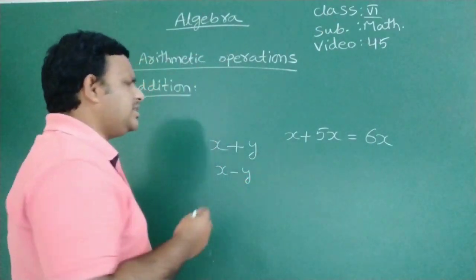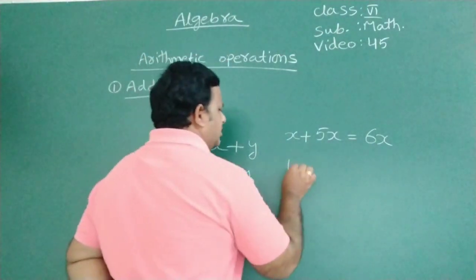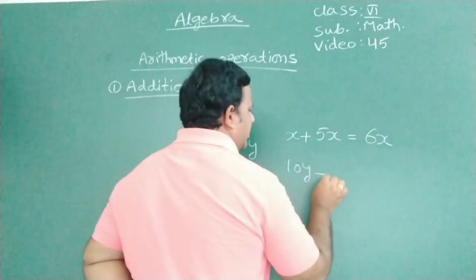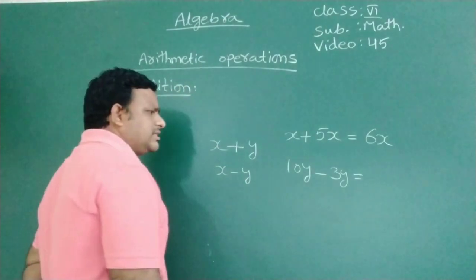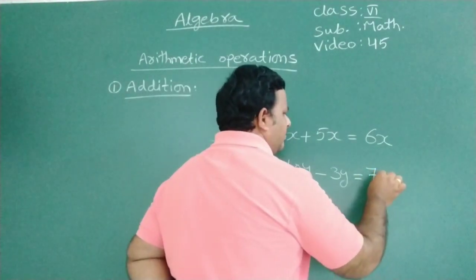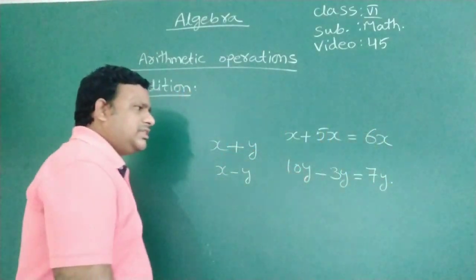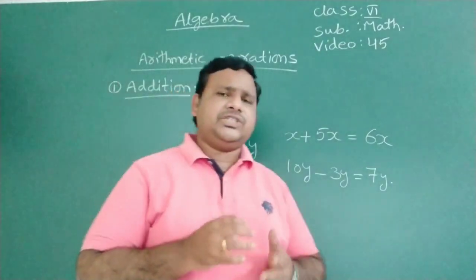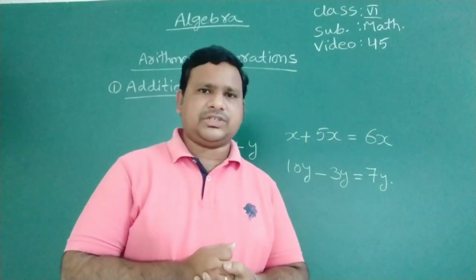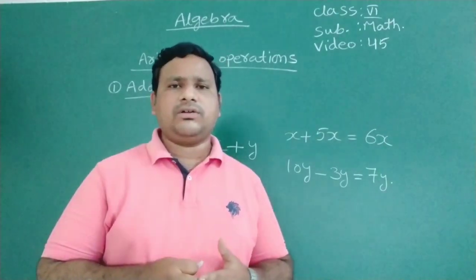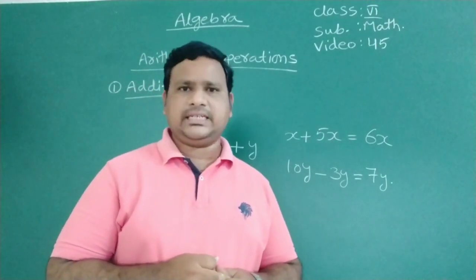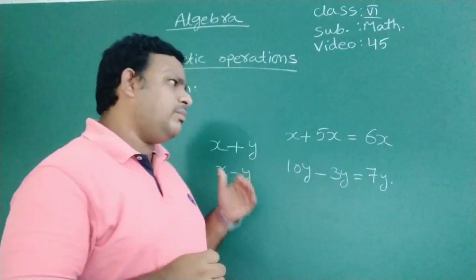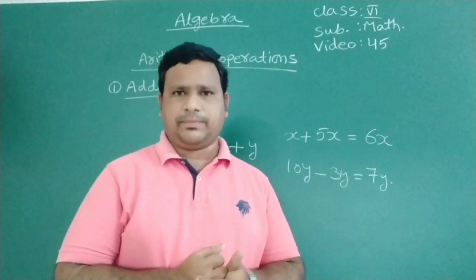In the same manner, suppose 10y is there, minus 3y is there. 10y minus 3y gives 7y. So addition or subtraction both depend on the like terms. Compulsorily we have to know the like terms, then only we can add or subtract them.